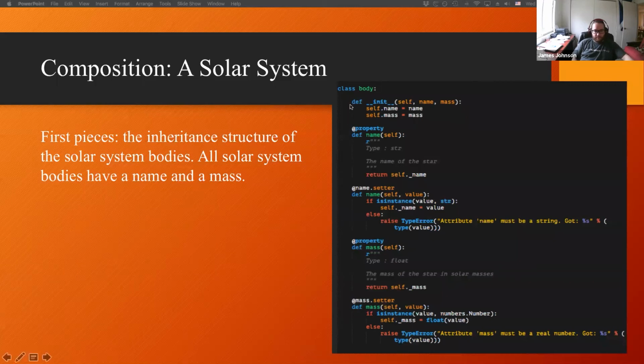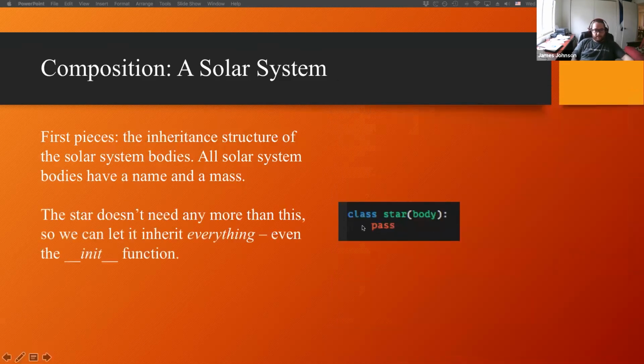It inherits the init function. And so you can create a star object with name and mass, and it will simply call this function directly, which it inherits, and it constructs these properties automatically. And yet the star object has essentially 0 source code. It's just 2 lines, very simple.